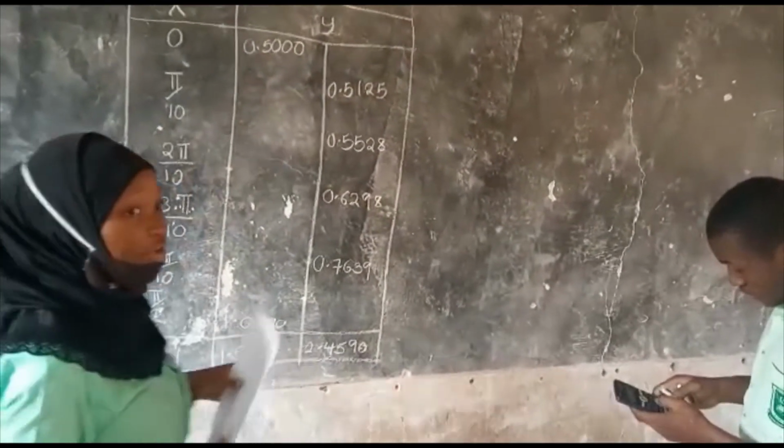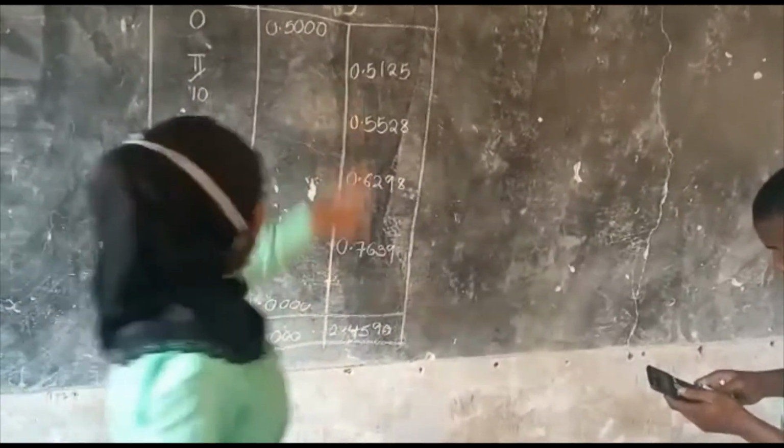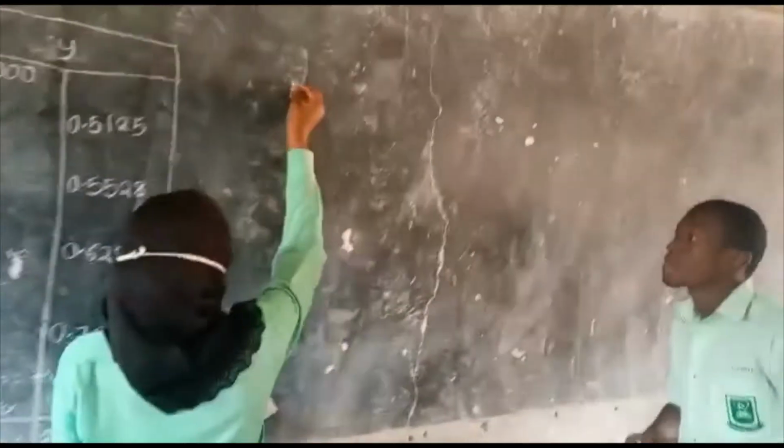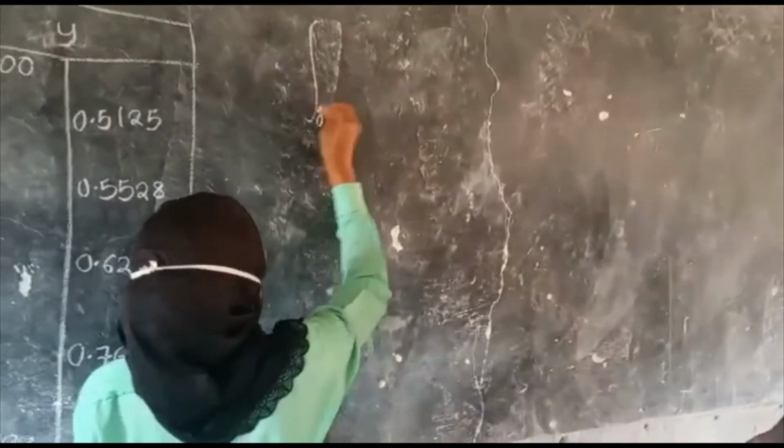The calculator has to be in radians, and this is the total of these values. Then we come and we estimate the integral.